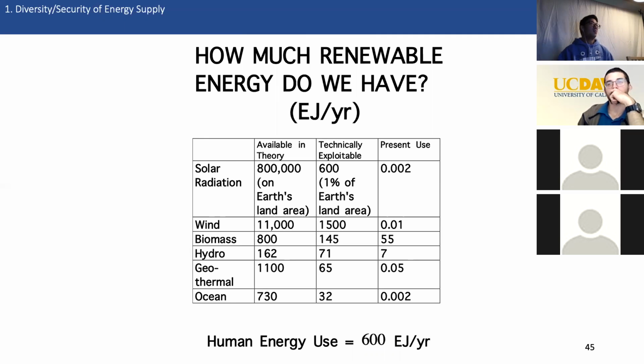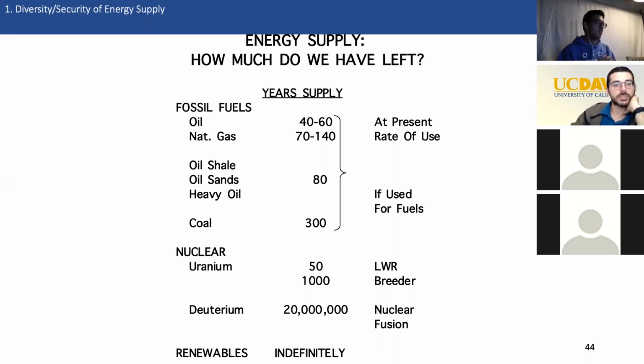And then renewables are indefinite, or at least until the sun explodes in 50 billion years, something like that. Yeah, and then in terms of renewable energy, how much do we have available? Oh, sorry. Deuterium. What is deuterium? I believe deuterium is an isotope of hydrogen, but it's a material that you need for nuclear fusion to occur.